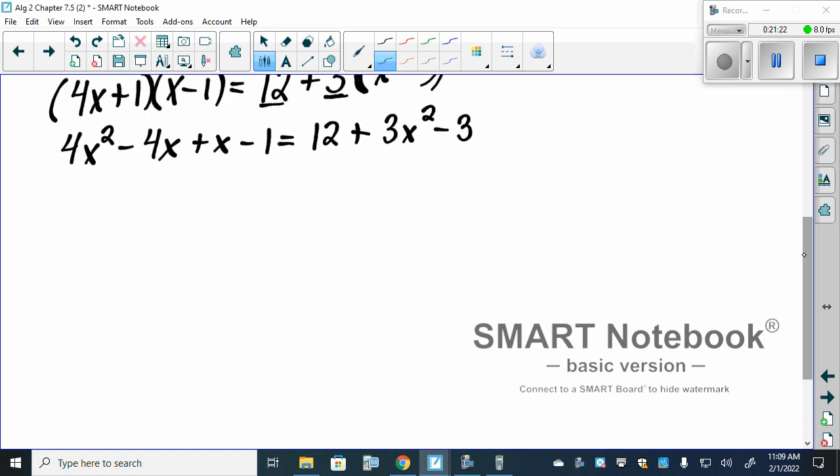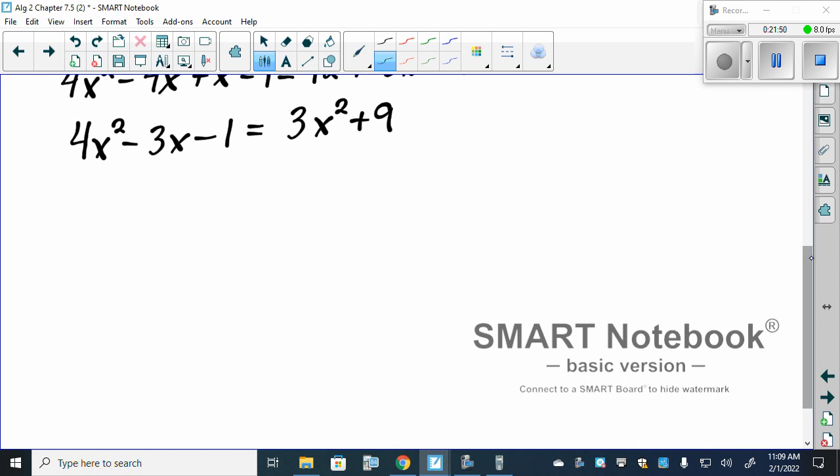Now, since we've gotten rid of all the parentheses, we can do the addition and subtraction of like terms. And on the left side, we would have 4x squared. Negative 4x plus x would be negative 3x minus 1 is equal to, here we're going to have 3x squared. 12 minus 3 is going to be plus 9.